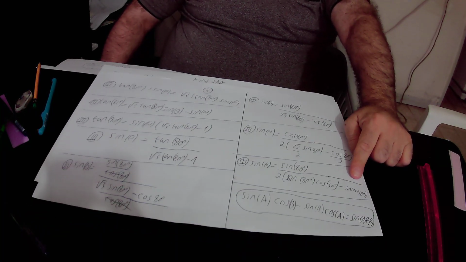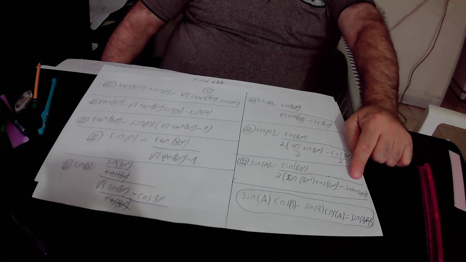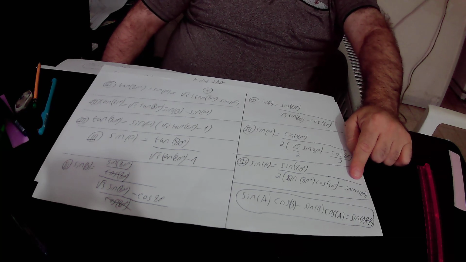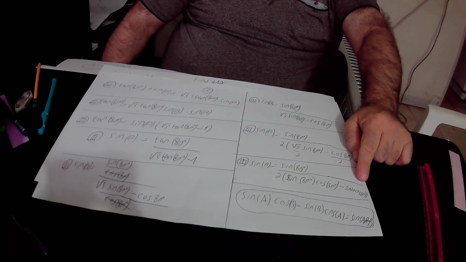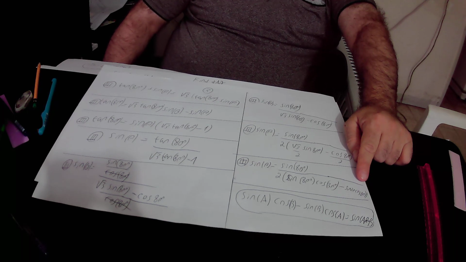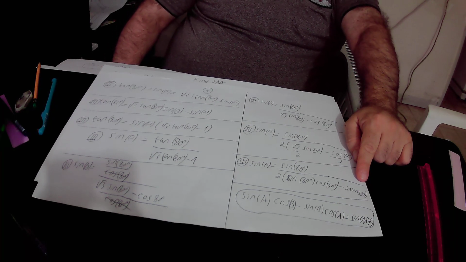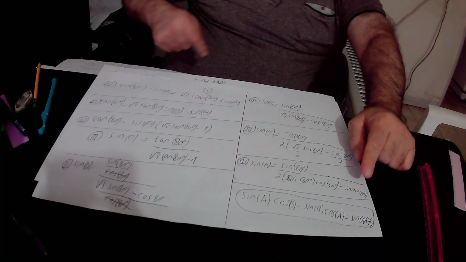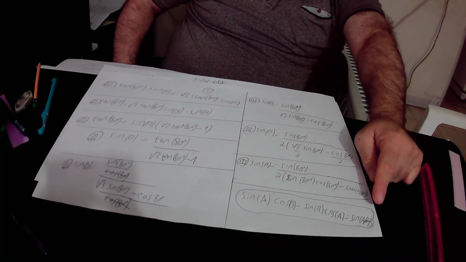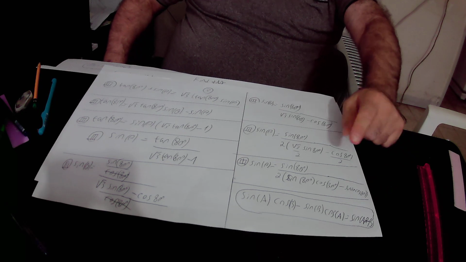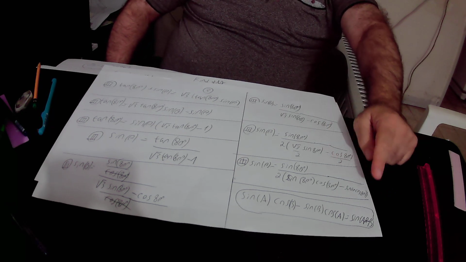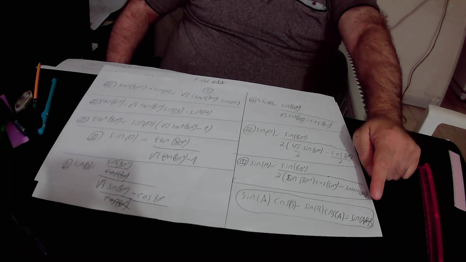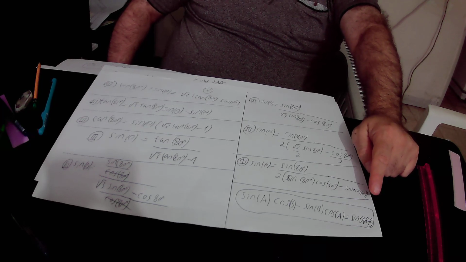And here sine 80 degrees times cosine 30 degrees minus sine 30 degrees times cosine 80 degrees is very similar to the trigonometric identity that states that sine A cosine B minus sine B cosine A equals sine A minus B. That is to say, we can substitute our expression by sine A minus B when A equals 80 degrees and B equals 30 degrees.